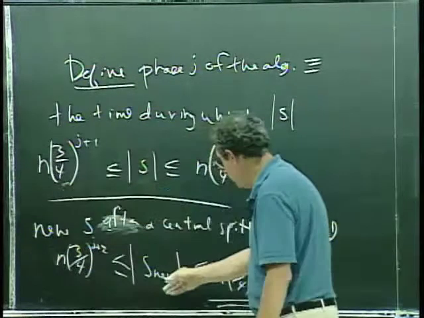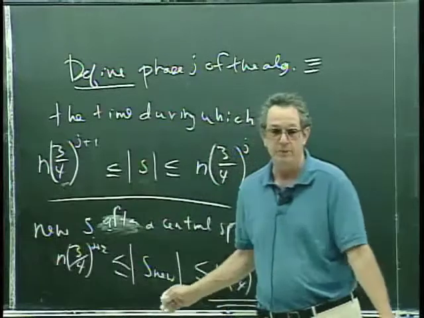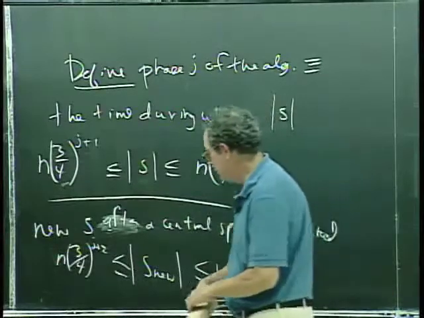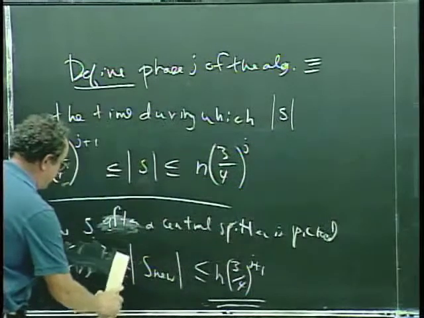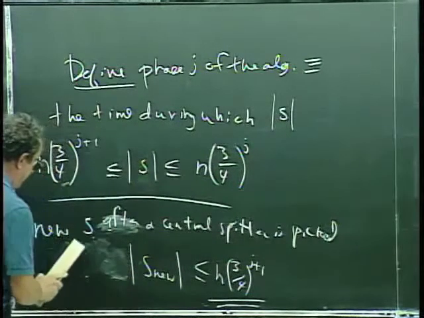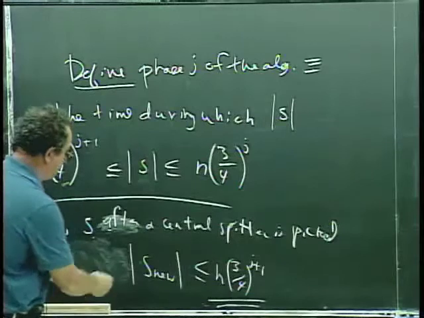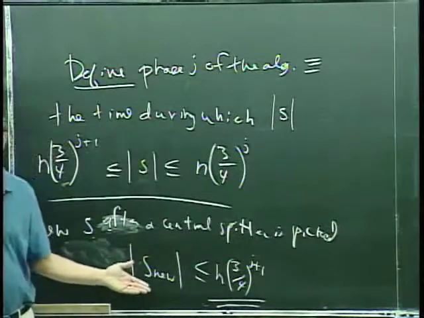So now you're less than or equal to that. So you can't be in phase j anymore. So let me get rid of this part because we don't need it. And I was a little bit unhappy with what I was saying when I wrote it up anyway. But this is enough to say we're not in phase j anymore.